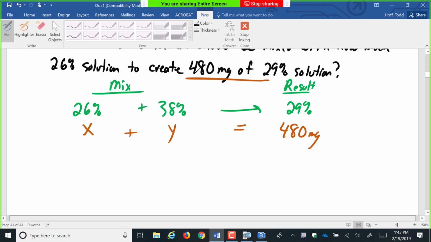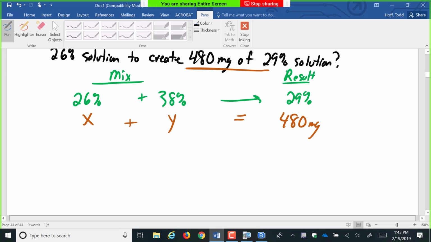So to set this up, it would technically be more accurate to set it up as a system of equations where we have x plus y equals 480.